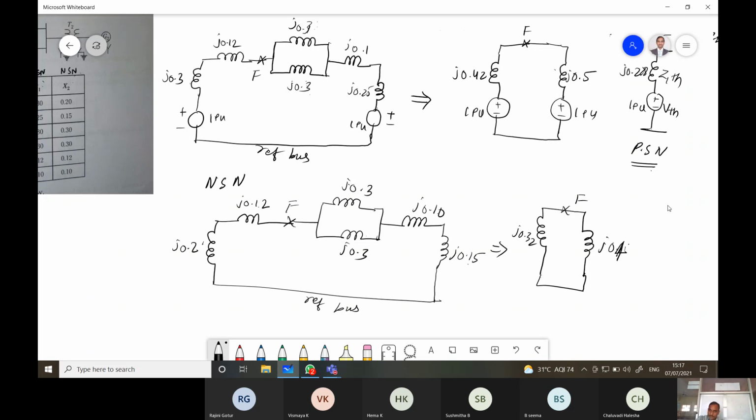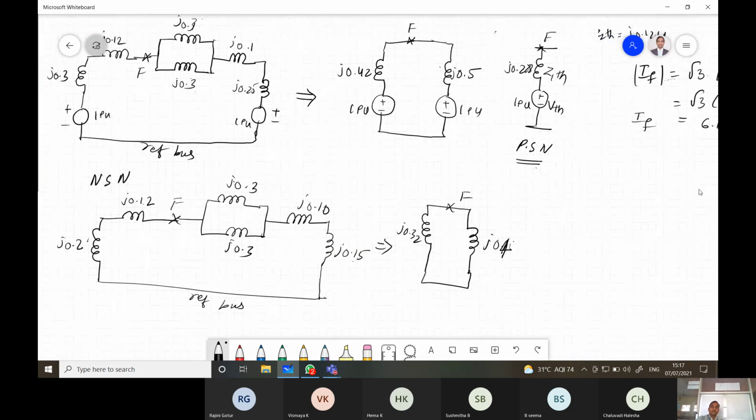So write the Thevenin equivalent of the negative sequence network. Z2TH, VTH is not present in the negative sequence network.